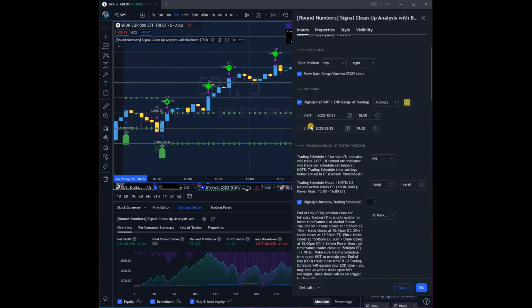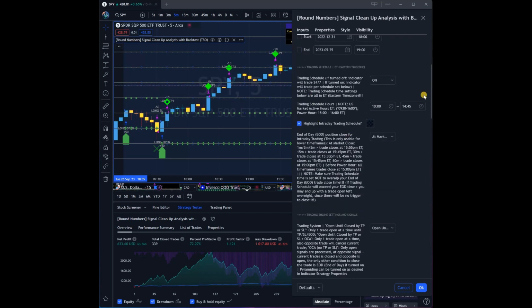It won't work really long time ago, but it will work in maybe like a year or so, depending on the time frame. Or also it's good to use if you're gonna start trading at some date. Just set it here, and then you can keep track of your performance. Then maybe compare it with real performance. That's how I use it.